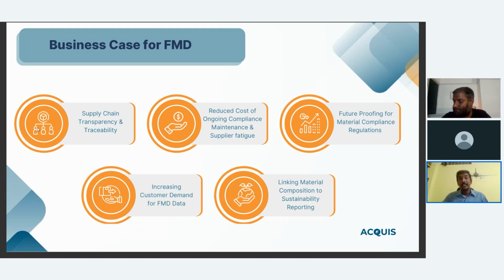Whenever I see a blanket declaration from a supplier who has 6 or 7 categories of products, saying all of my products are compliant to REACH or do not contain PFAS, sometimes it is a little bit too good to be true, or it does not create that transparency.